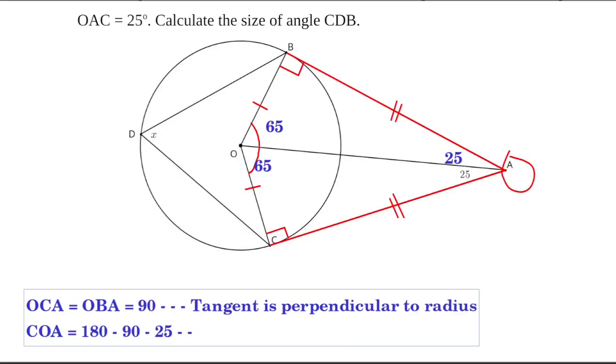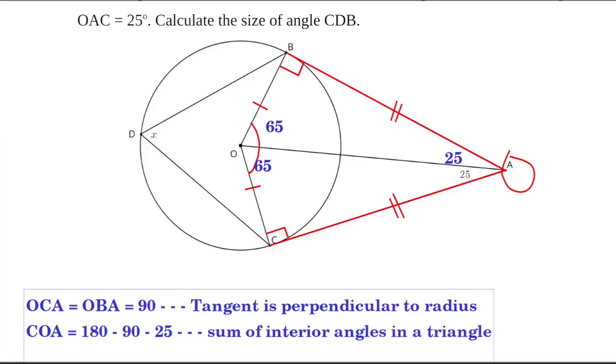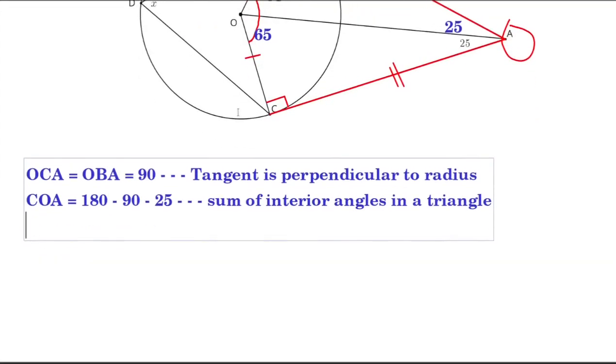Why are we doing that? Sum of interior angles in a triangle. Then that is telling us that COA is actually equals to 65 degrees.